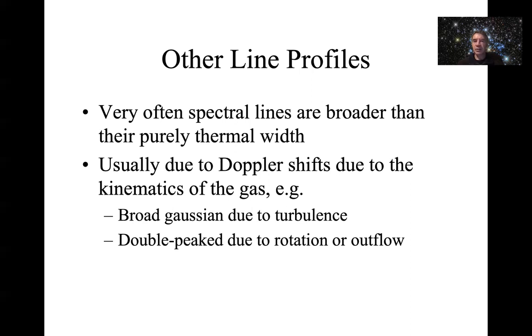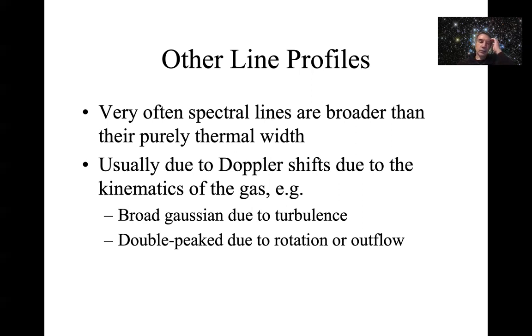It's just a turbulent gas because the interstellar medium is very dynamic, and the gas has been stirred up over time. So that would just give a broader Gaussian, because again, the motions would still be random. It's just that the motions are above and beyond that just due to the thermal motions of the particles. Or you might have systematic motion of the gas in particular directions.